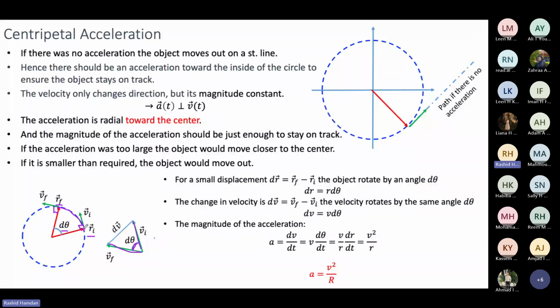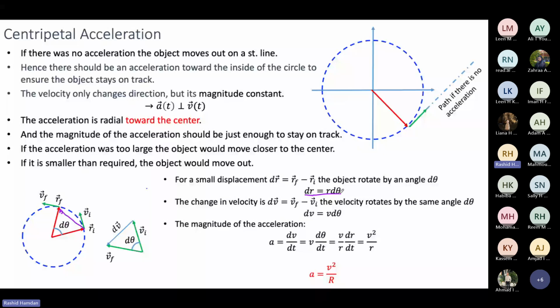My displacement, again, let's erase the ink. My displacement is from here to here. So this is delta R. Now, delta R, if we have a small angle, the magnitude of dr is given by r d theta.